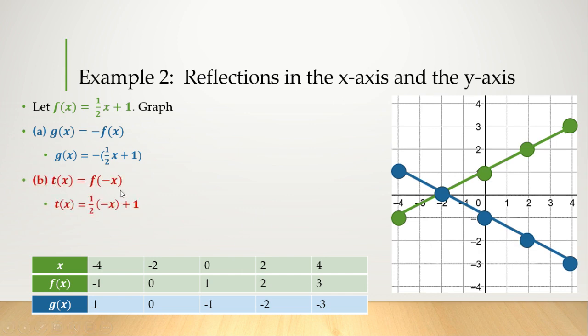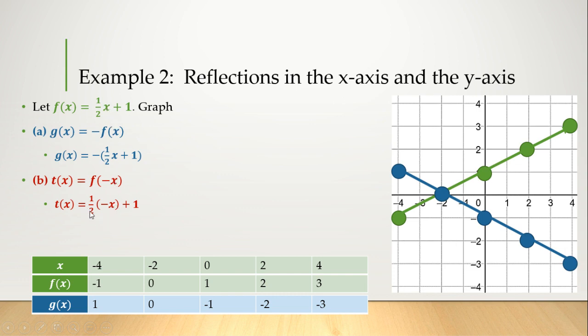To do t of x, notice how the negative is now inside. I don't have an f of x, I now have an f of negative x, which means I need to take my original equation and change from an x to a negative x. Whatever is inside the parentheses, that's what you're going to change your original x into.